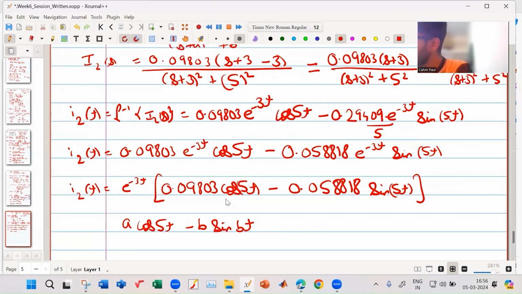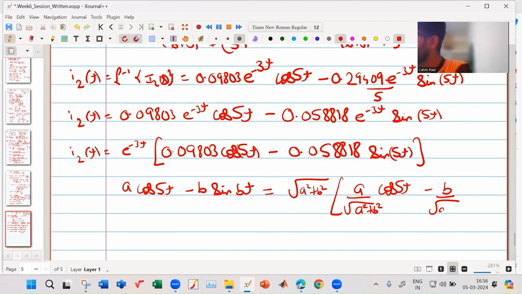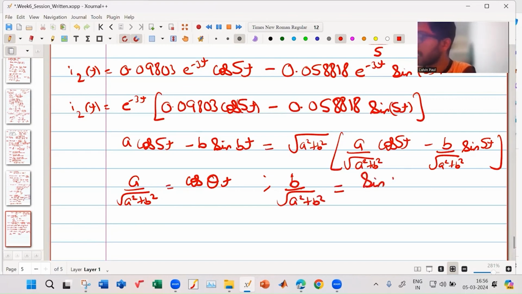So what we will actually do, this is square root of a square plus b square into a upon square root of a square plus b square cos phi t minus b upon square root of a square plus b square into sine of phi t, right? We will assume a upon square root of a square plus b square to be cos theta, and b upon square root of a square plus b square to be equal to sine theta.